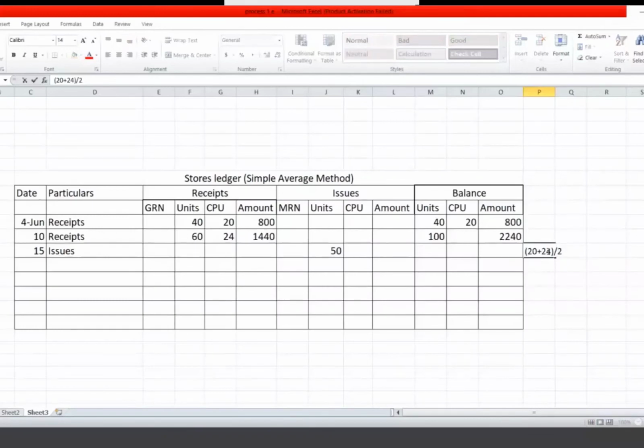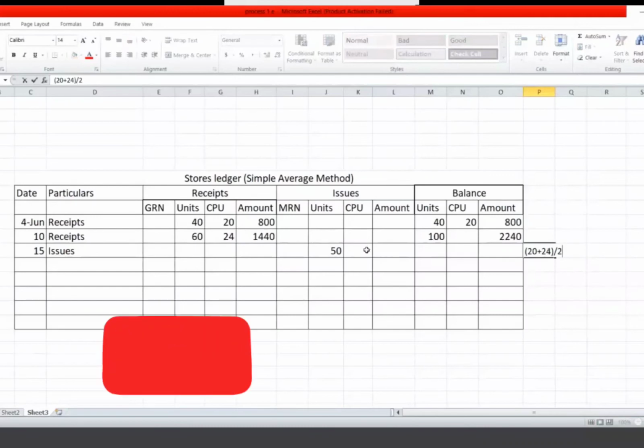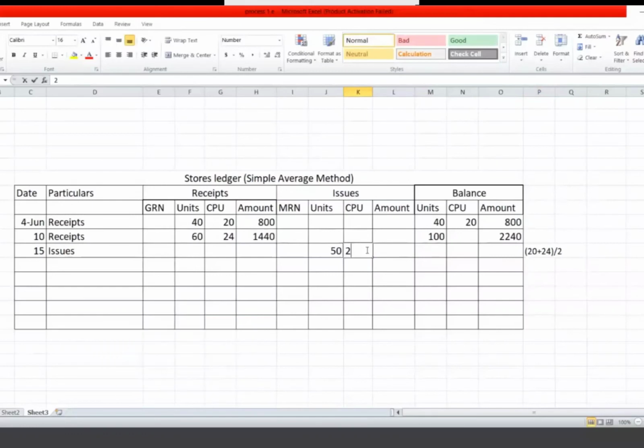If you take 4 prices, divided by 4. So 20 plus 24 divided by 2 will be 22. 50 into 22, 1100. Now how much balance do you have? Of 100, 50 already gone, so only 50 units were there and the amount 2240 minus 1100 will be 1140.